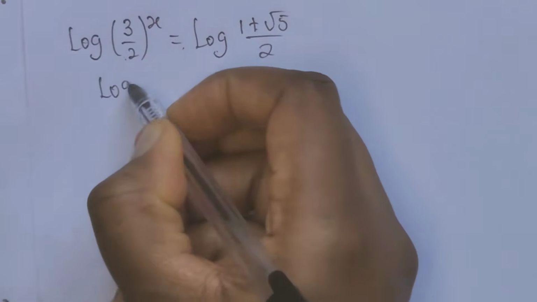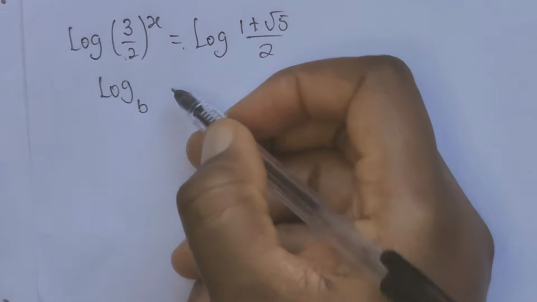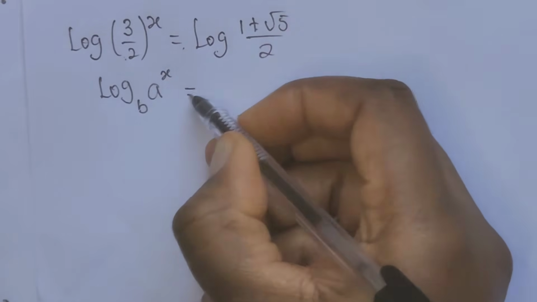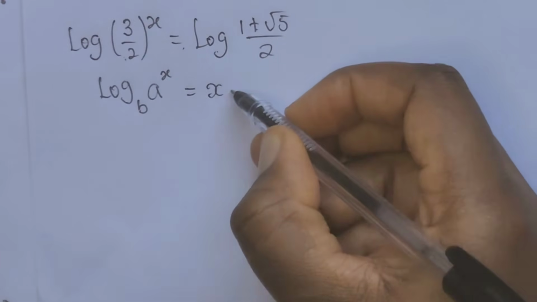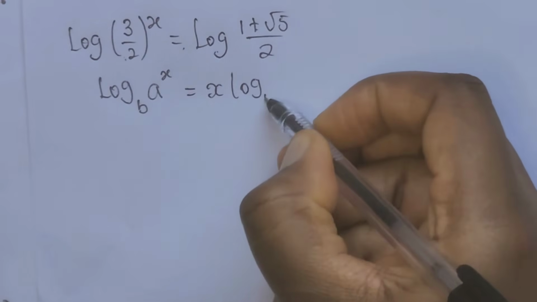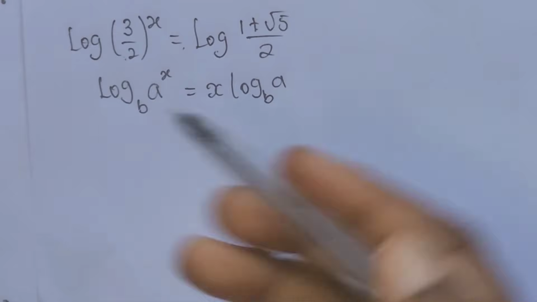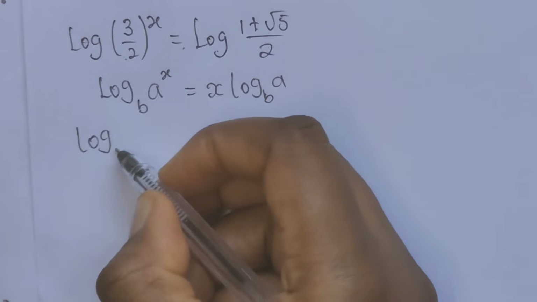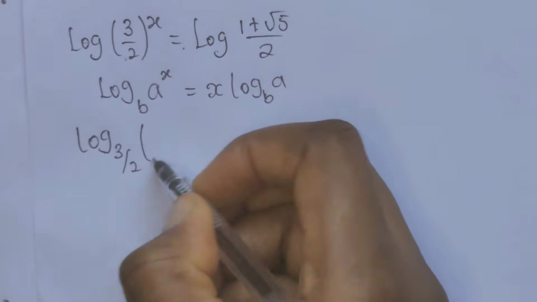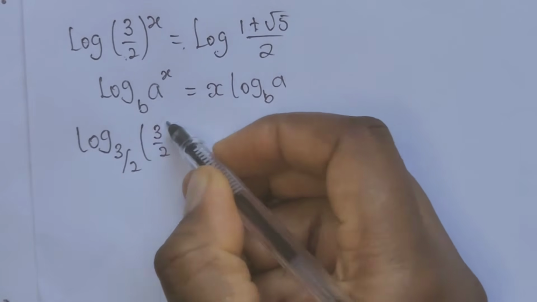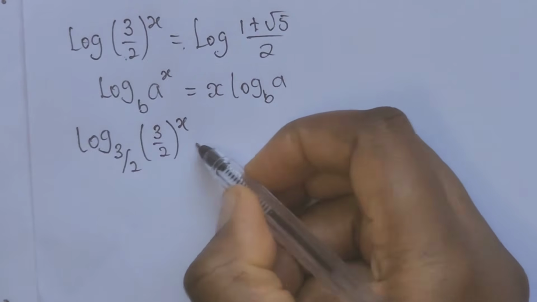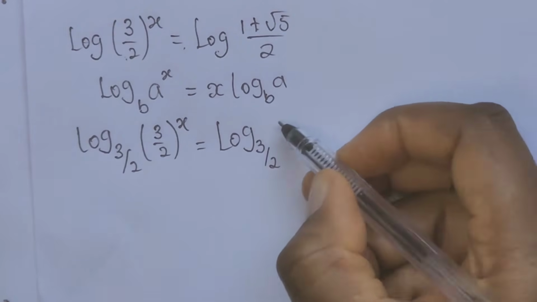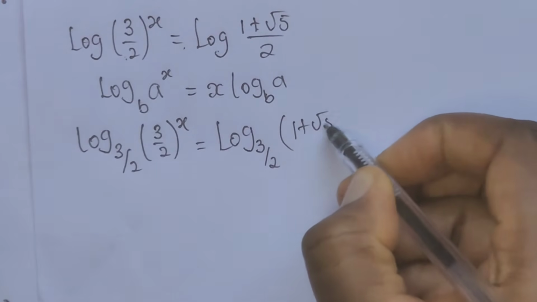But when we have log to base b of a to the power of x, this is equal to x times log to base b of a. So we have log to base 3 over 2 of (3 over 2) all to the power of x equal to log to base 3 over 2 of (1 plus root 5) over 2.